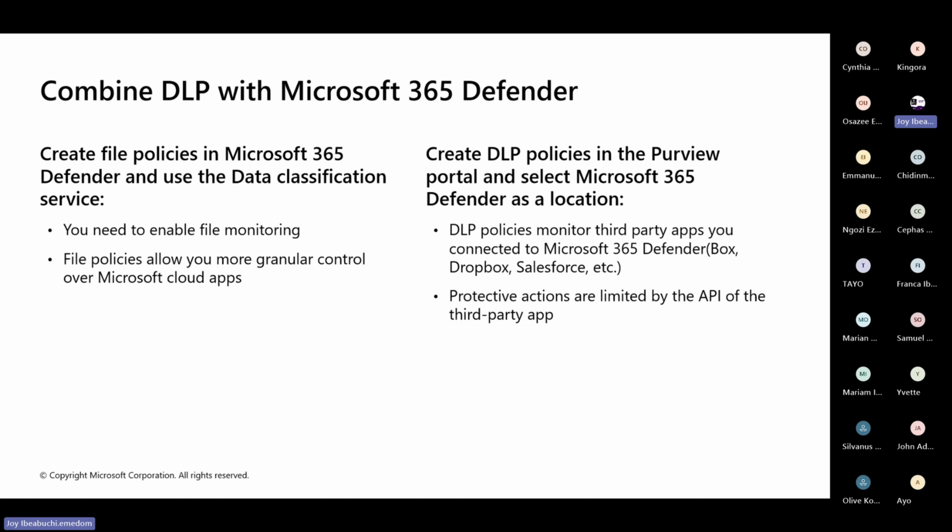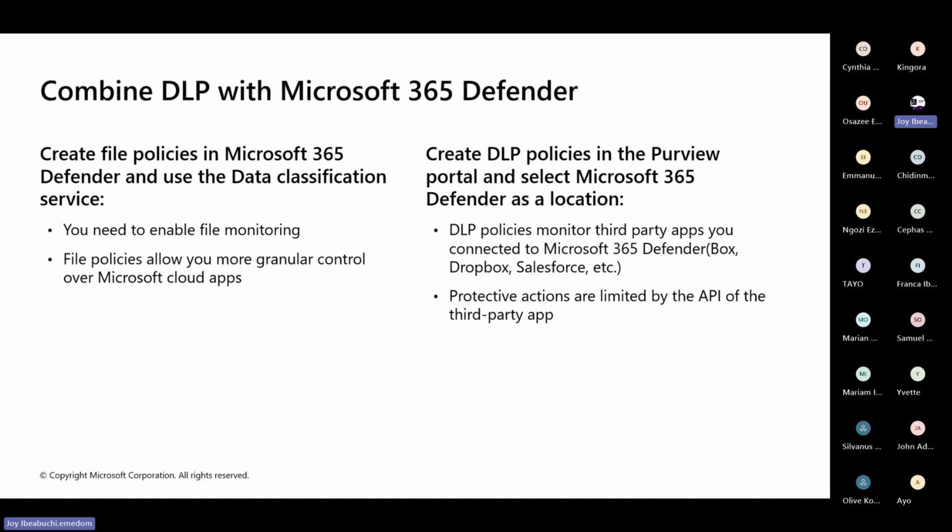So your organization is using Salesforce, your organization is using Dropbox, but these are not proprietary applications owned by Microsoft. You are using them as licensed company applications, so they are storing company data. You can extend the data classifications into those platforms using Microsoft Cloud Apps. Again, for those who are in the Cloud Apps pathway, they understand how to use it.